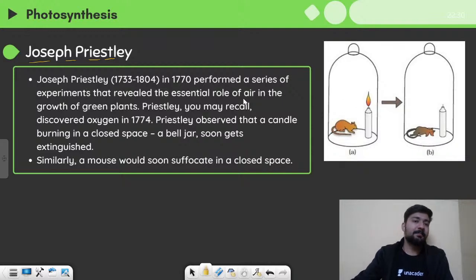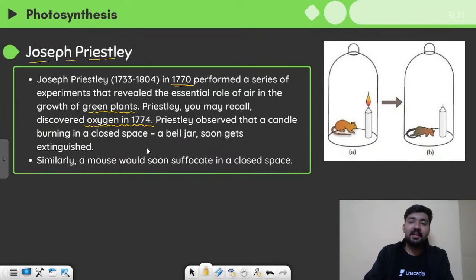Let us talk about it. So Joseph Priestley in 1770 performed a series of experiments that revealed the essential role of air in the growth of green plants. So it said that air is important for the growth of plants. Priestley, you may recall, discovered oxygen in 1774.